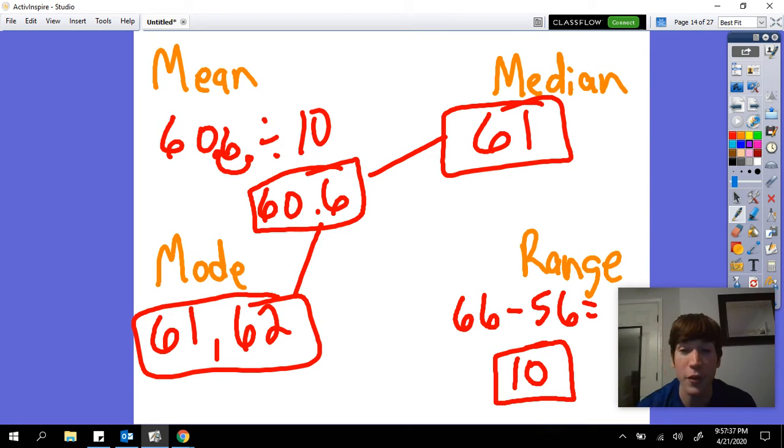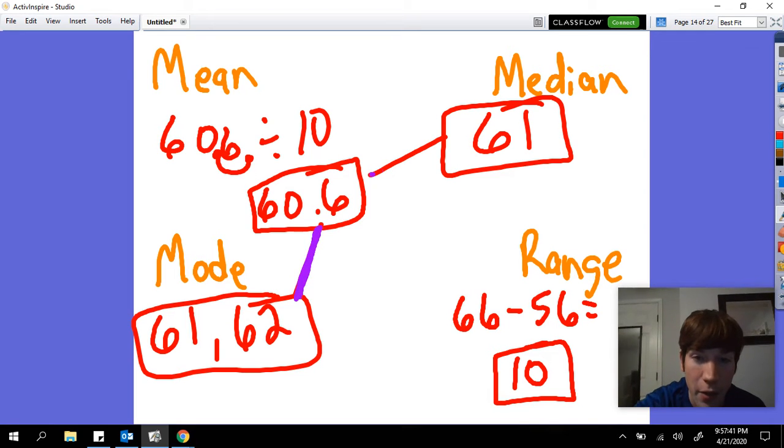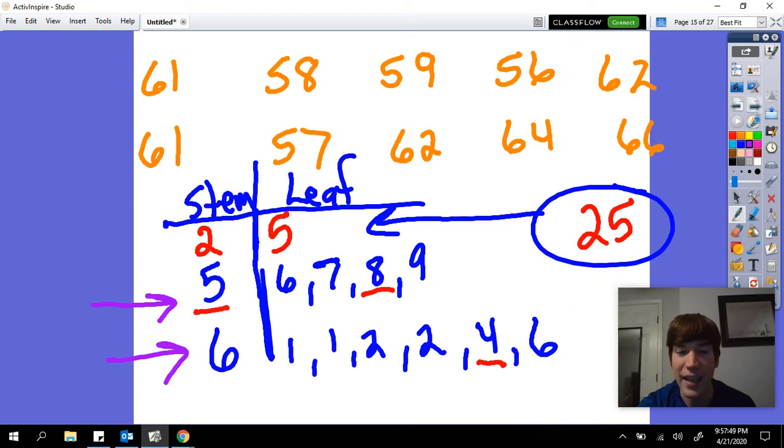Now, before we move on to do that, remember that we talked about the fact that the mean, the median, and the mode are all numbers that are pretty close. We're going to see why. So we're going to take our 11 numbers now, and we're going to go through and find the mean, the median, the mode, and the range, but now with these 11 numbers.